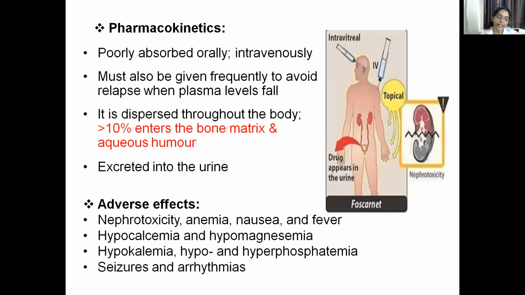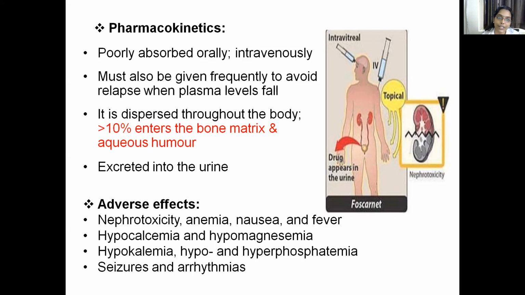Adverse effects here are nephrotoxicity and electrolyte disturbance. With nephrotoxicity, we can see elevated serum creatinine levels, but if necrosis and nephritis occur, then that is almost irreversible. The electrolyte disturbances which can occur are hypocalcemia, hypomagnesemia, hypokalemia, and hypo and hyperphosphatemia.